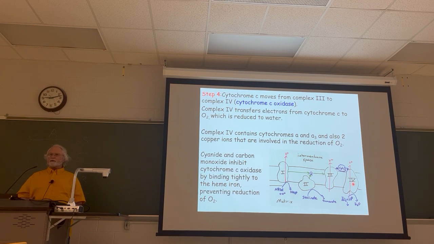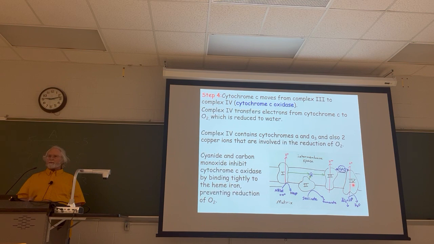You can't smell carbon monoxide, you can't tell it's there, and so that's why people get poisoned with carbon monoxide if it's generated in some kind of combustion reaction. And it's also the reason cyanide is such an effective poison, is that it poisons mitochondria. It stops mitochondria from reducing oxygen to make water.